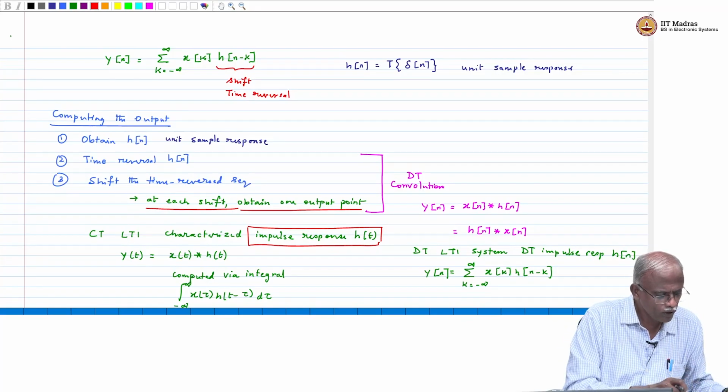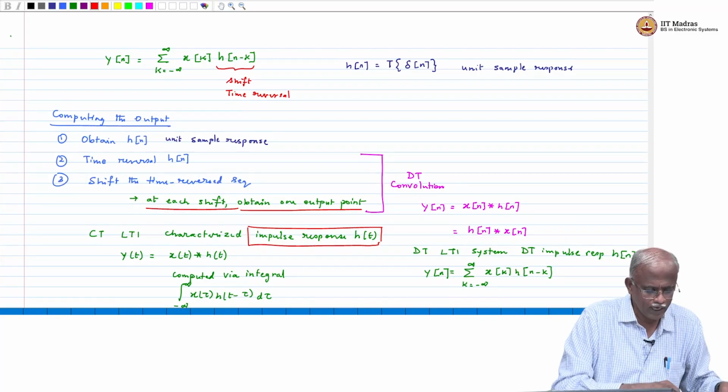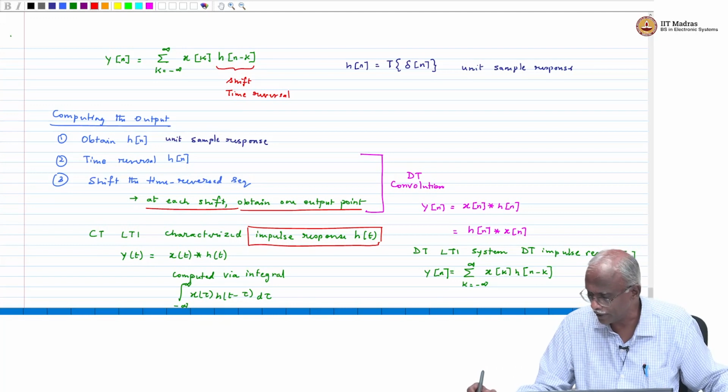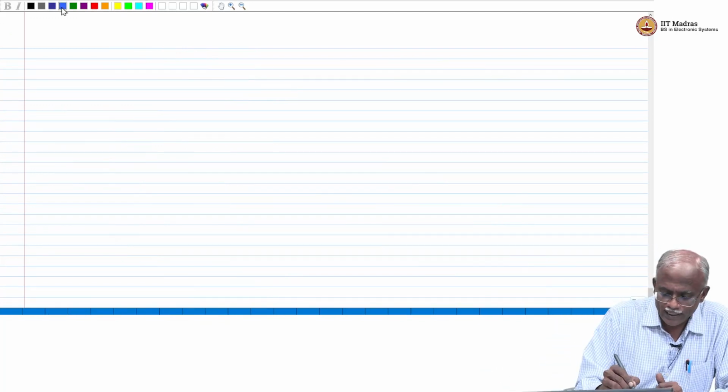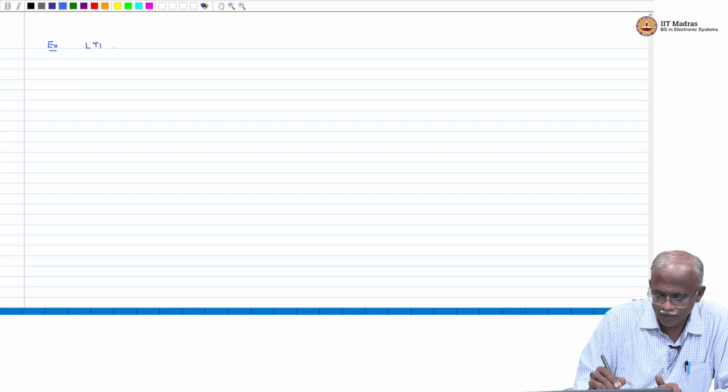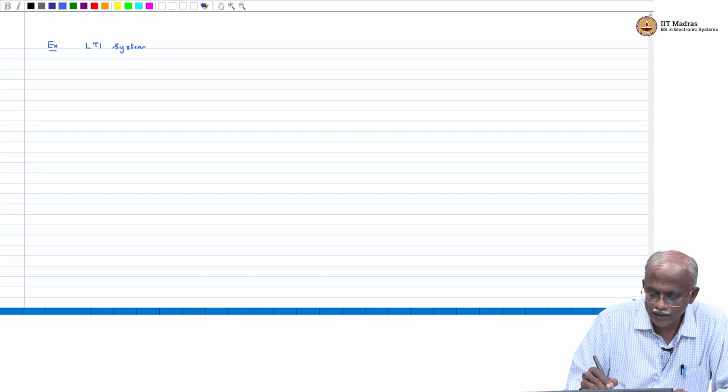We will now look at an example which will help us really to understand this in a very good way. So, let us look at an example of an LTI system, given that this particular system is linear and time invariant, or linear and shift invariant, which means it has an impulse response which can be computed.